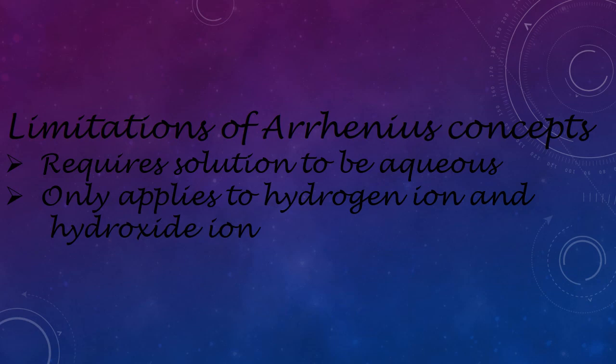Let's suppose carbon dioxide present in our air, sulfur dioxide, nitrogen dioxide. All of these compounds are not having hydrogen ion or hydroxide ion. So the limitation of Arrhenius concept was that it only applies to those species which are having hydrogen ion and hydroxide ion. We cannot differentiate those species which aren't having hydrogen ion or hydroxide ion.